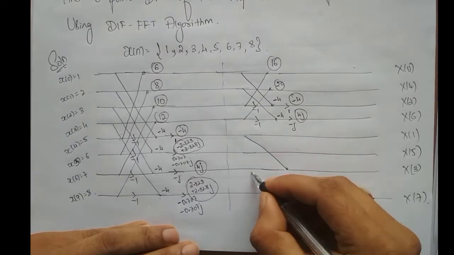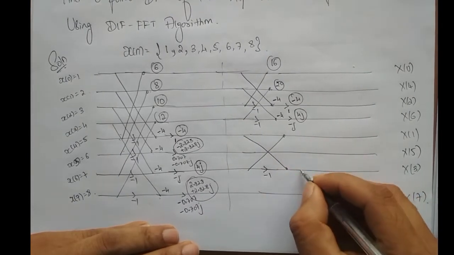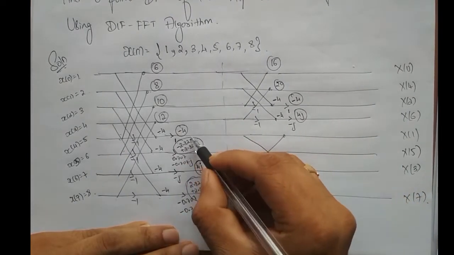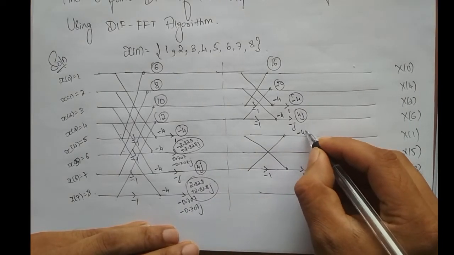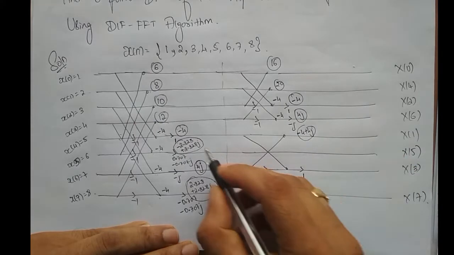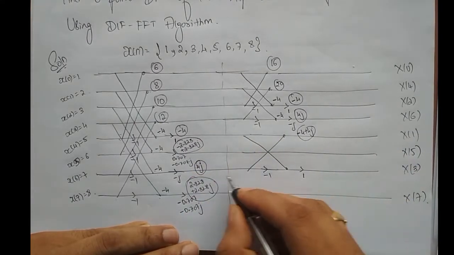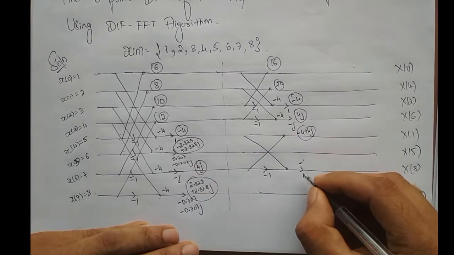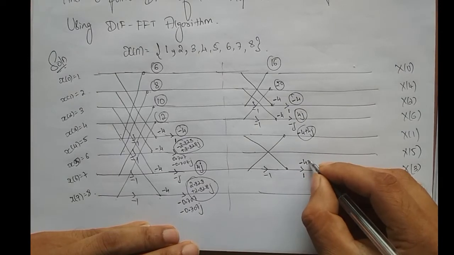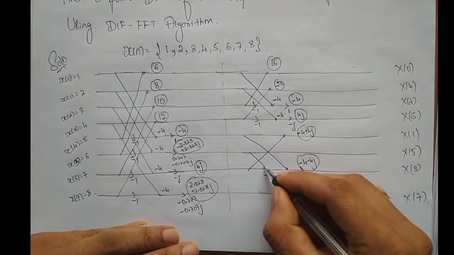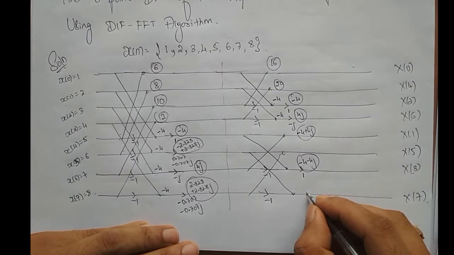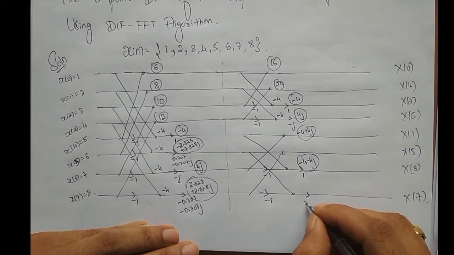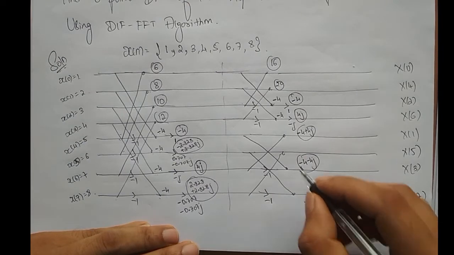So next, -1, this is W8 power 0, which is 1. We have -4 coming here added with 4j, which is -4 plus 4j. And I have -4 coming here subtracted with 4j, and scaled by 1, so we get -4 minus 4j. So -1, this is -j, which is W8 power 2.